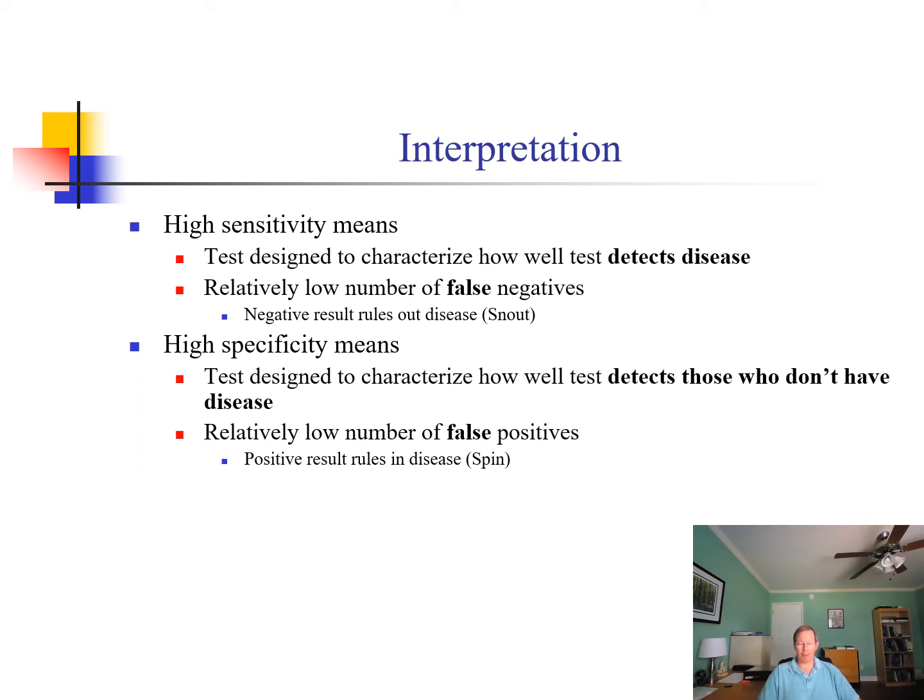A highly specific test is going to detect those who don't have the disease and have a relatively low number of false positives. So if I have a specific test, a positive result rules the disease in because it's very unlikely that I have a false positive. It's probably going to be a true positive.